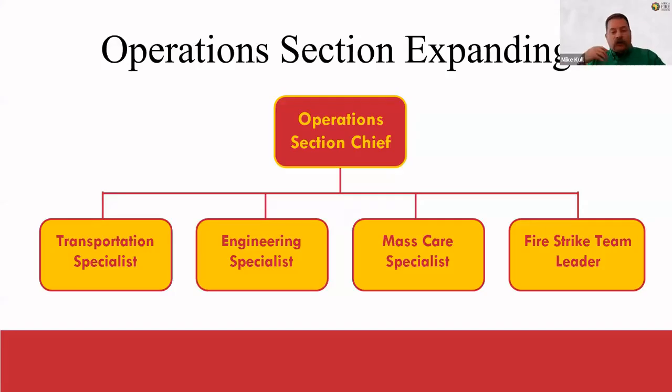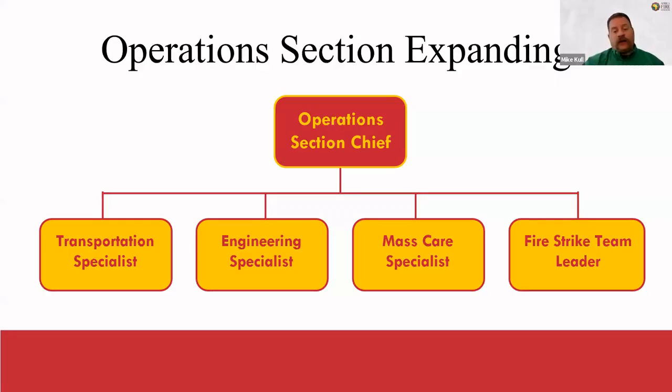As we build that out and expand that, I don't want you to get stuck on these titles. This is just an example. But if you're looking at a major incident, maybe you need to deal with traffic. So you've got somebody who's responsible for transportation. Okay, maybe you're going to break it up into engineering because it's a structural collapse and you need somebody to help you with engineering some shoring and things like that to stabilize the structure.